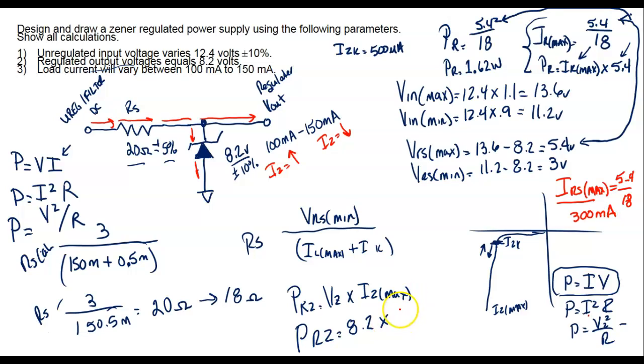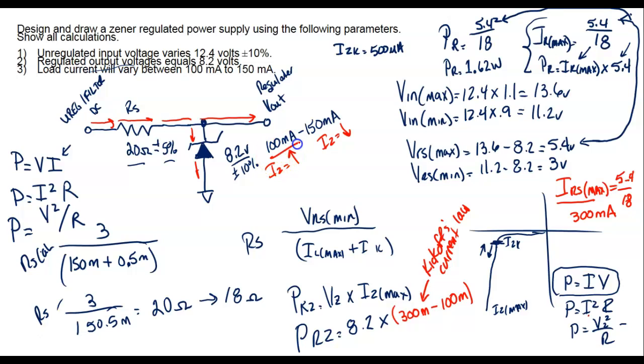So I'm going to put 300 milliamps minus the minimum load current, and this will give us the current through the Zener. So right here we're using what? We're using Kirchhoff's current law, because they're in parallel.